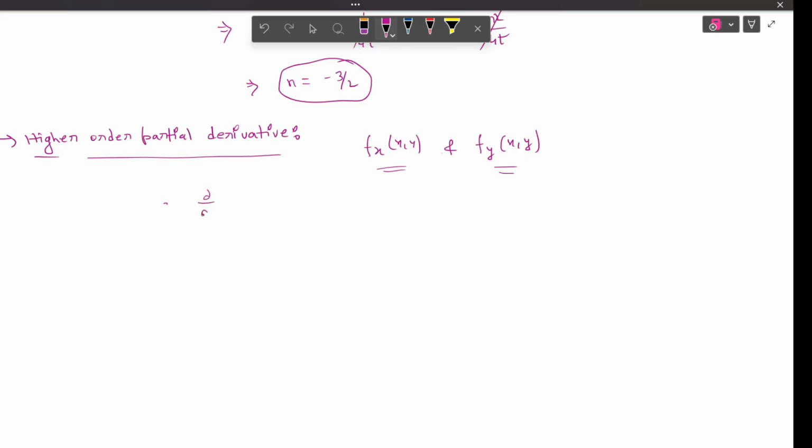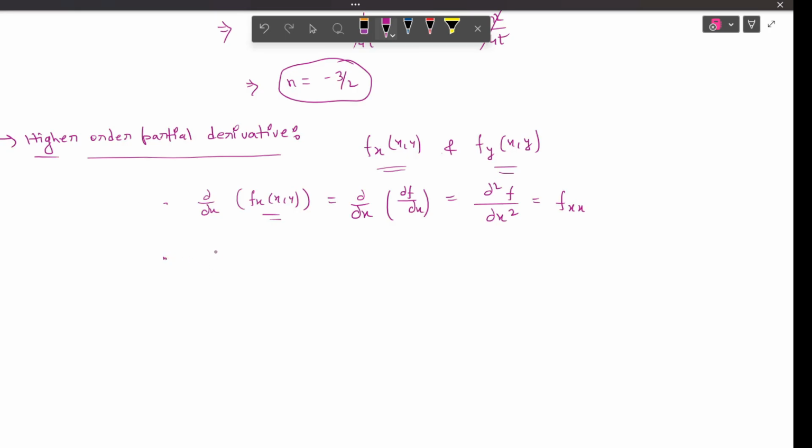So it will be del by del x of f_x(x, y). We can write it as del by del x of del f upon del x. This should be del 2 f by del x square, and we can write this as f of x x.